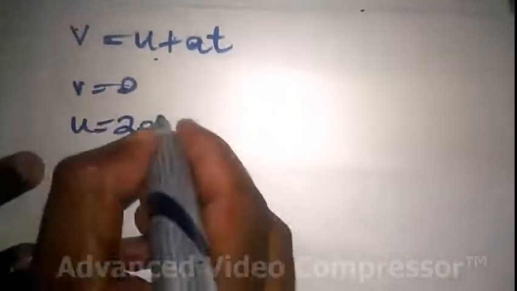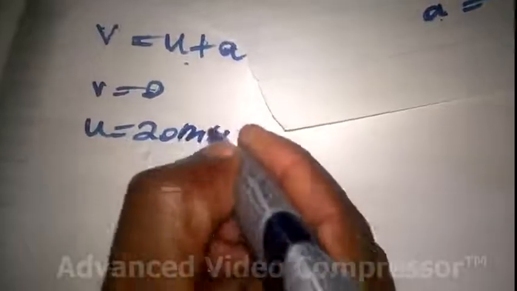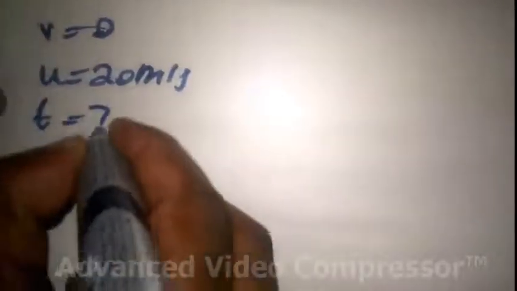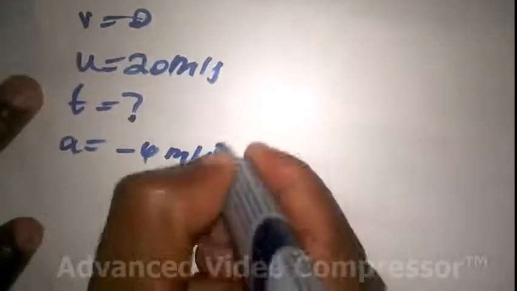The initial velocity is 20 meters per second, as mentioned from here. And then time, that's what we are looking for. We just found our acceleration is minus 4 meters per second squared, so we just have to substitute.